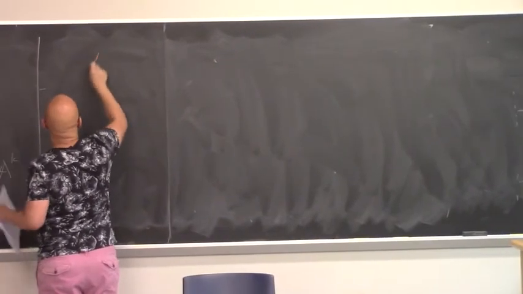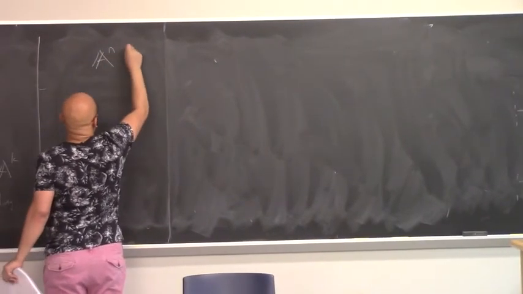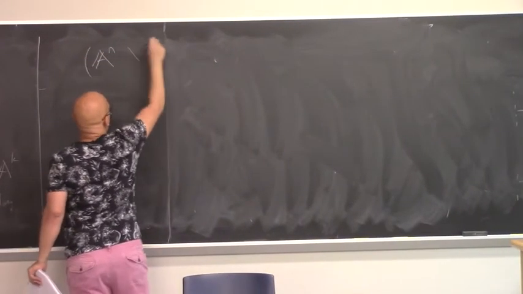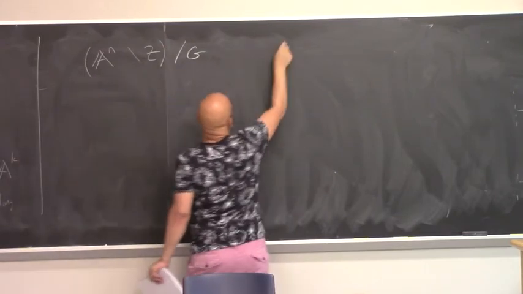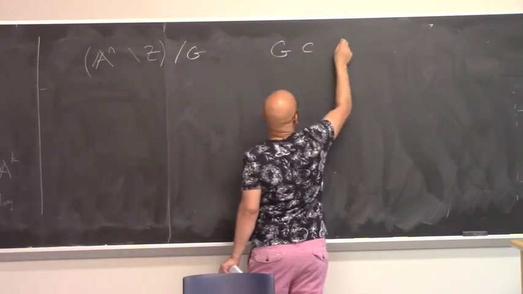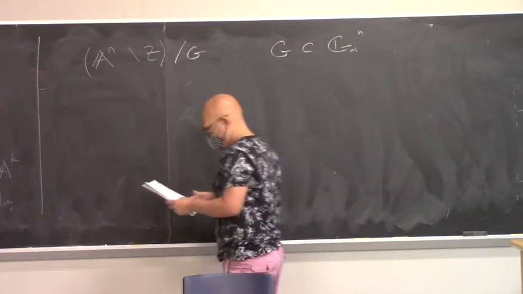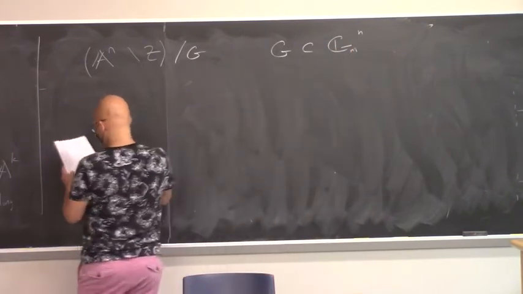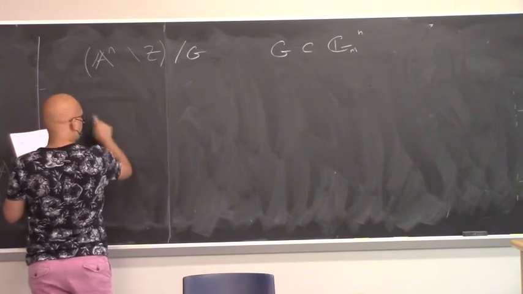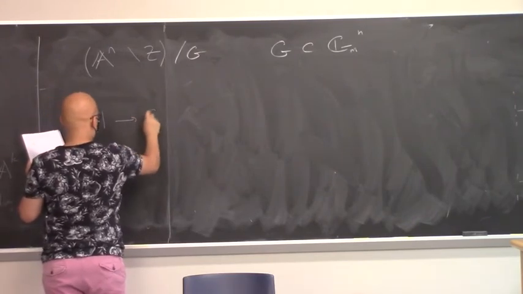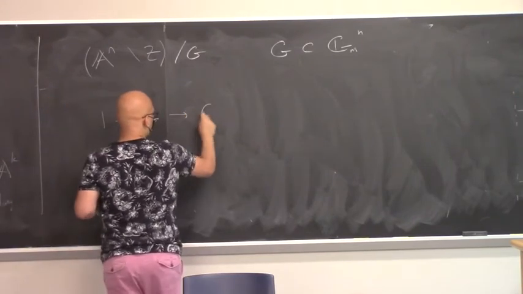Okay, so back to this beginning setting, we have this A^n minus Z with G acting, where G is some subgroup. So I'm going to write G on C^n. And we have, so let me just write somehow.